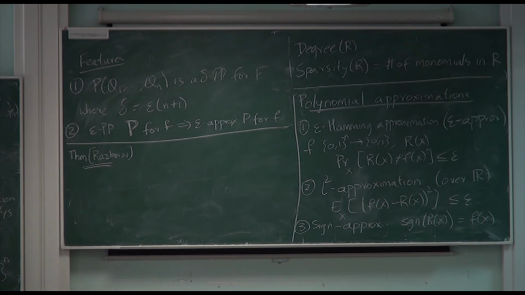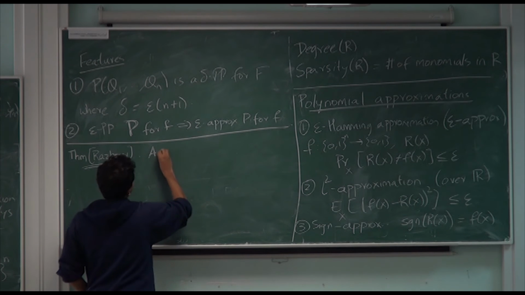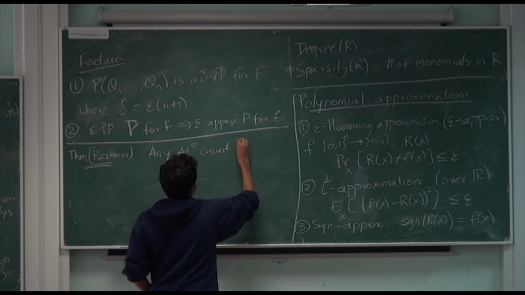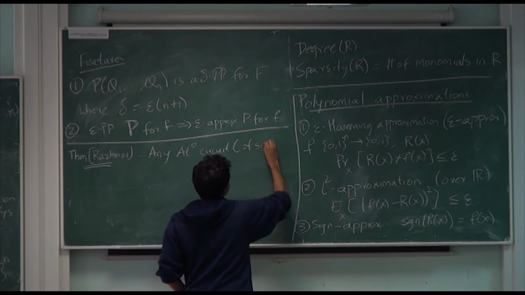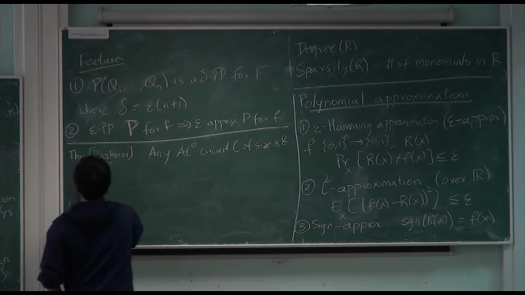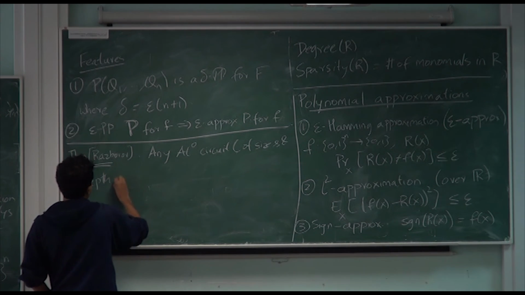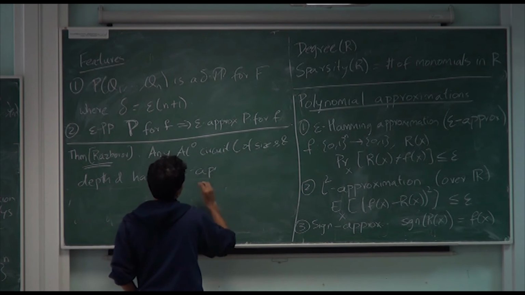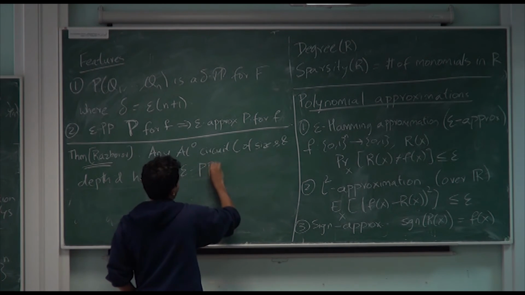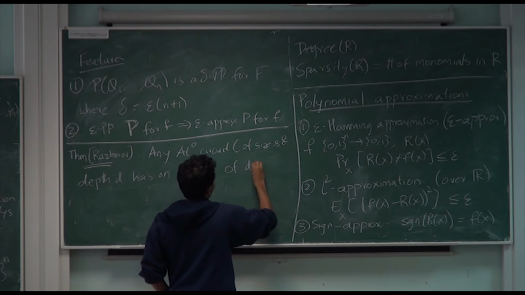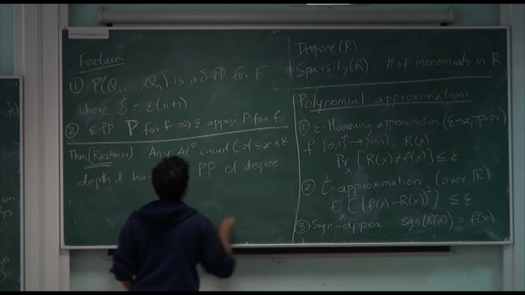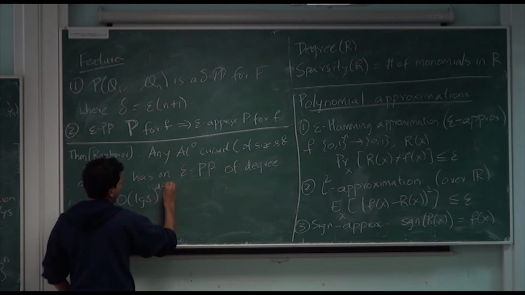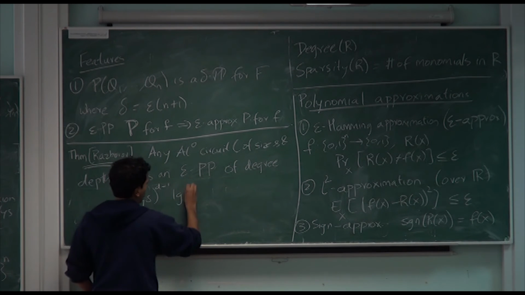And the theorem states that any AC0 circuit C of size S and depth D has an epsilon approximation, I should say epsilon probabilistic polynomial, of degree something like (log s)^(d-1) times log 1/epsilon.